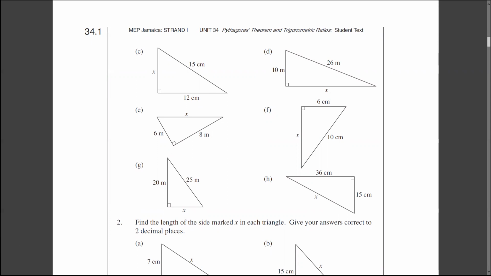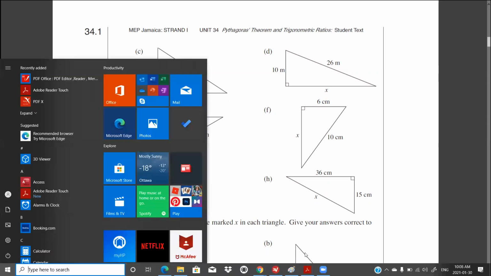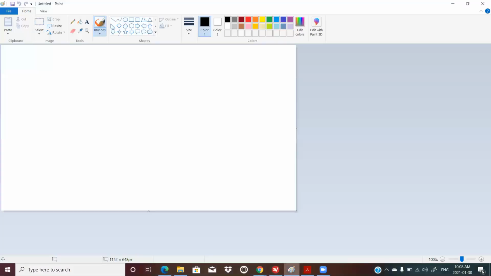So for this one that we see in C, you find the shorter side. So I'll actually write this out just to show as an example. So I have 15 on the longest side, 12 on the shorter side. So if we can switch out. Let me switch out and go here.